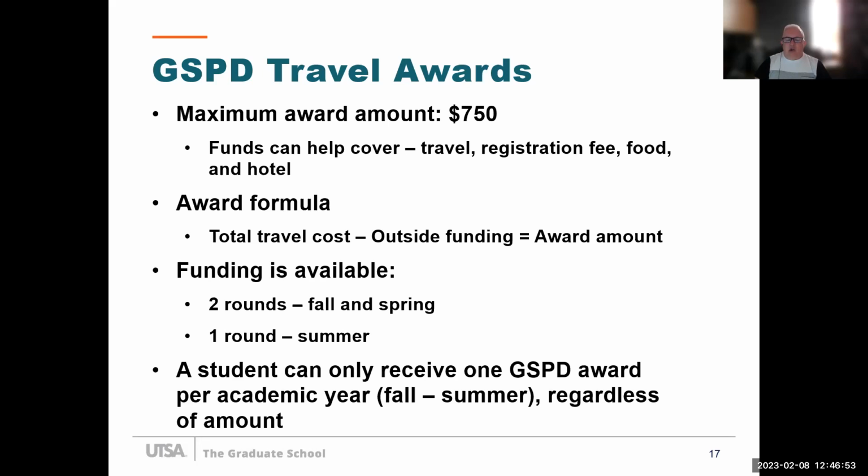Based on university restrictions for fund disbursement, that is not how we're able to do it. So we have 2 deadlines in the fall, 2 deadlines in the spring, and 1 deadline in the summer. Applications are reviewed and awarded directly after each deadline.